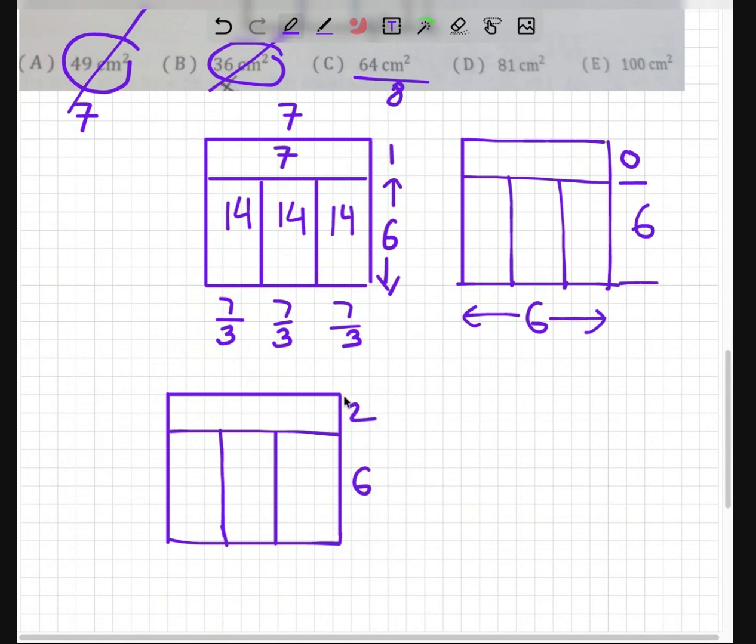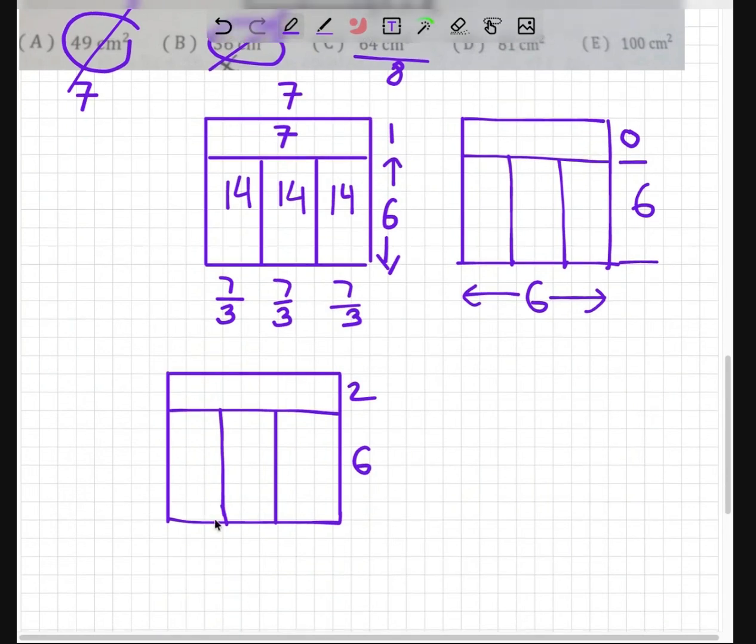And because this total is 8, this is a square, so this side also has to be 8 and it is divided into 3 rectangles here. So this is 8 by 3, 8 by 3, 8 by 3. So the area of each of these three rectangles must be 8 by 3 times 6. So that gives me 16.